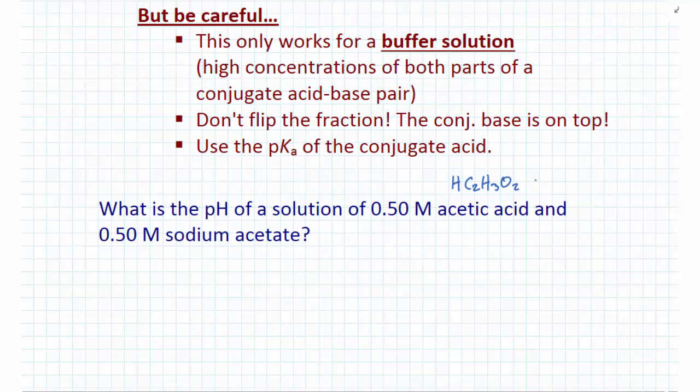Sodium acetate is an ionic compound that has the sodium ions and the acetate ions. But because the sodium ion comes from sodium hydroxide, a strong base, what does that mean about the sodium ion in an acid-base solution?